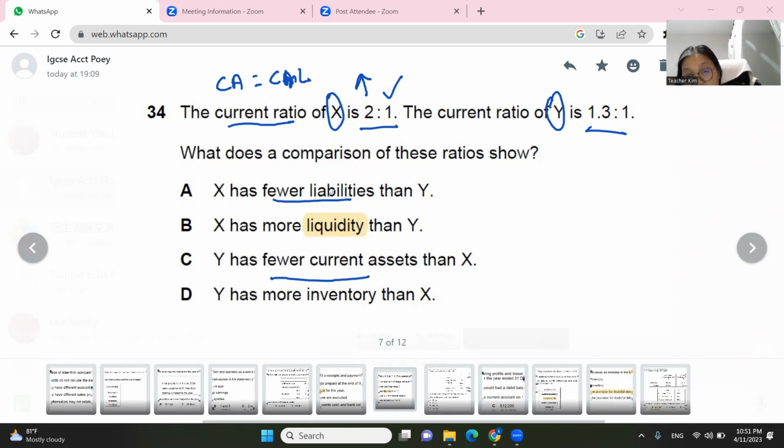As I said, fewer liabilities, fewer current assets, we do not know because this is just a ratio, not the number. Y has more inventory? We also don't know how much inventory is inside here because they didn't give the information. So basically, the current ratio just indicates the liquidity. The higher the number in front, the better. So the answer should be B.